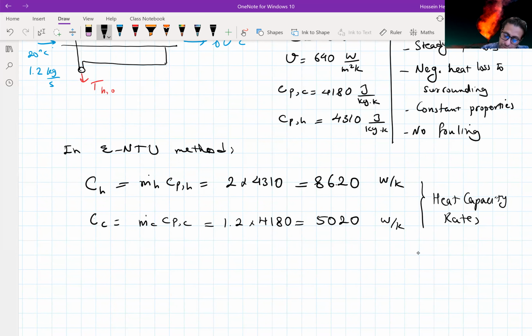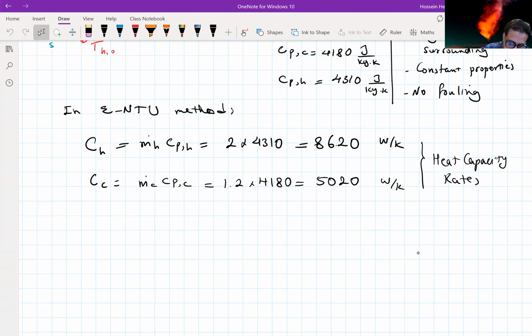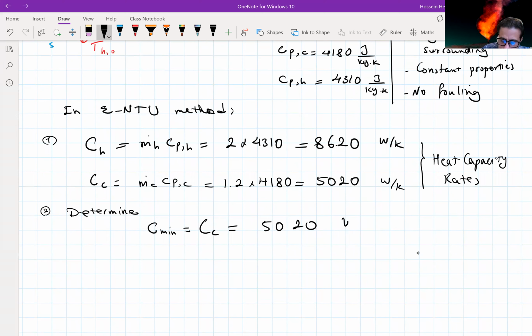Now, knowing these two, we can determine C min. So here, the next step, that's the first step, second step. Don't know whether I'm going to continue numbering them, but the C min here, we pick the lower value. So it's going to be Cc for the cold stream, 5020 watt per Kelvin.